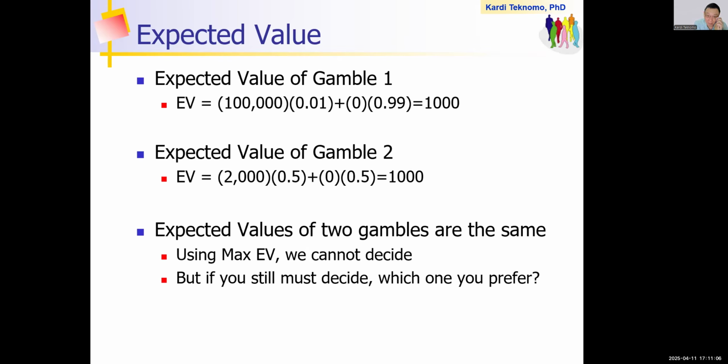So if you need to choose between the two, which one is the lesser evil? If you still need to decide which one you prefer, gamble A or B. So I will choose A if it is a bigger, appealing win. Okay, so whatever you choose, A or B, it doesn't really matter. Both are right, because those are your preferences.